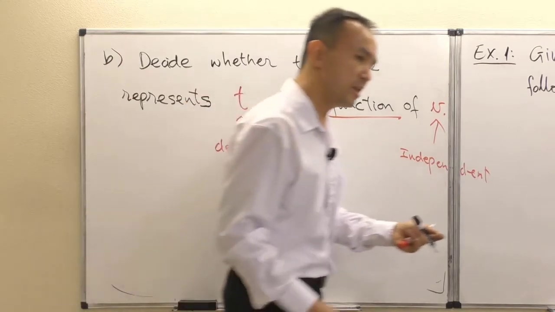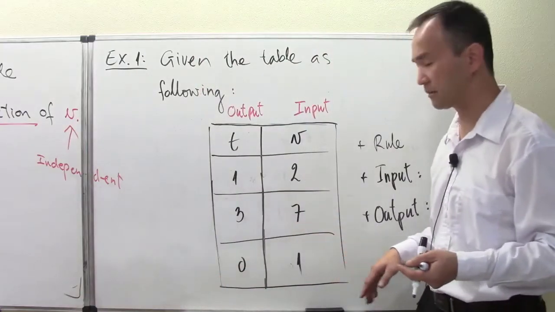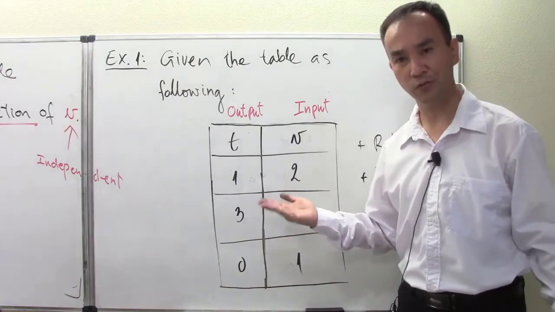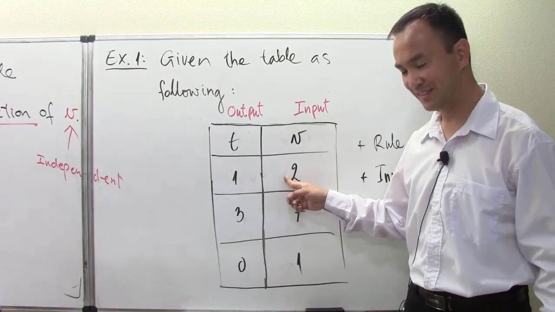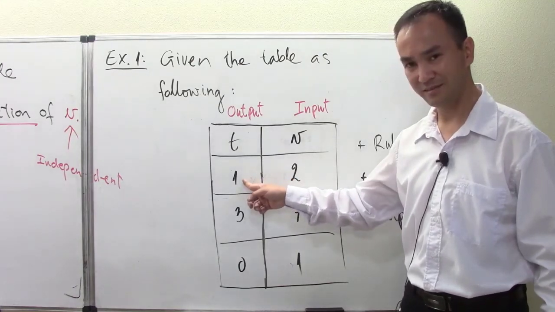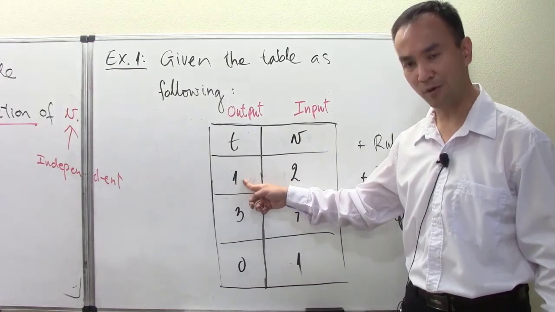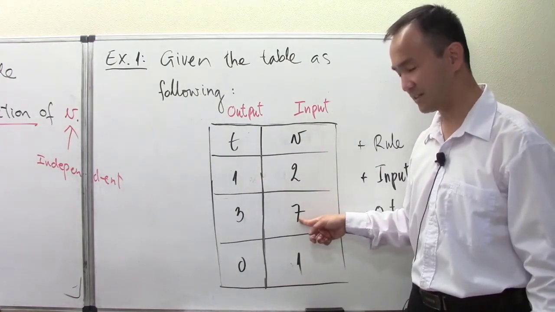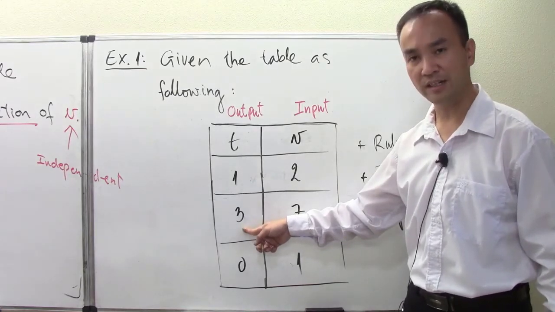So the only way to answer that is: does it pass the fourth requirement? Does each input get taken into one and exactly one output?